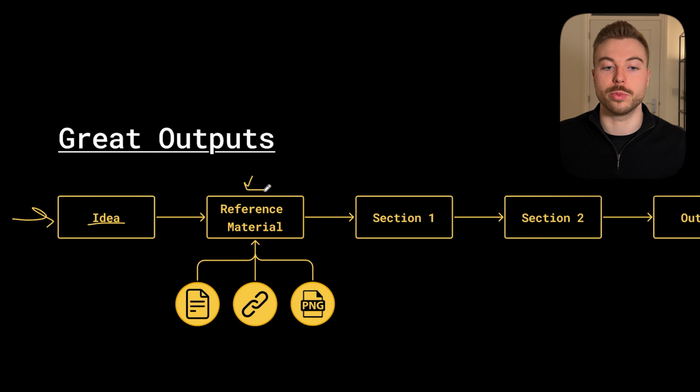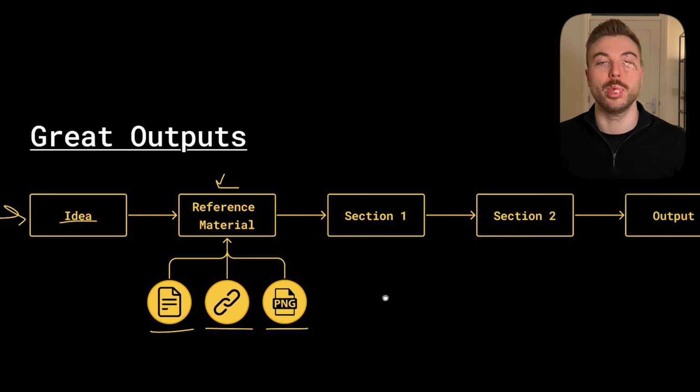Next, we also want to provide it with any reference material. That could be any documents, i.e. a creative brief that you've already created, any links to any websites, images, anything like that you want it to reference, or any assets, i.e. images that maybe you've already taken and you want it to utilize to get the output. We then want to chunk up the work as we go through and develop it.